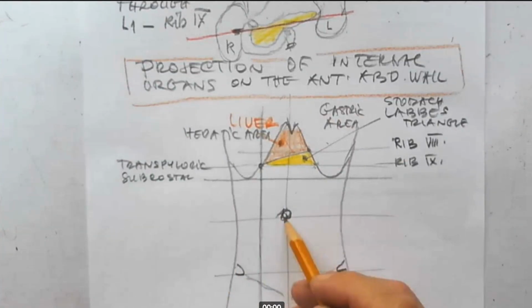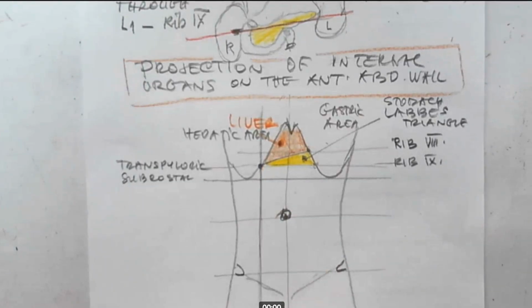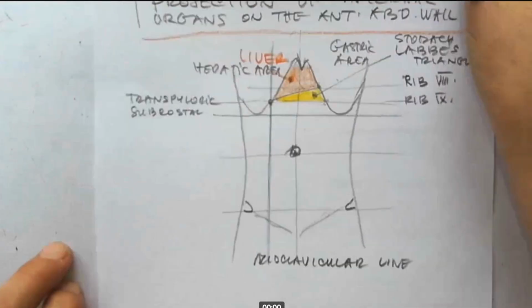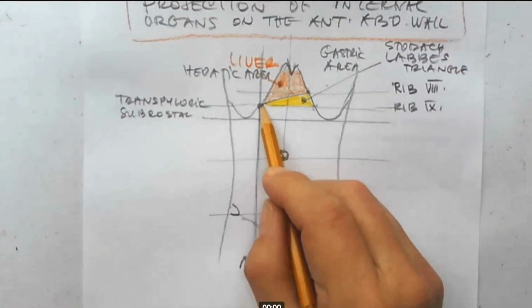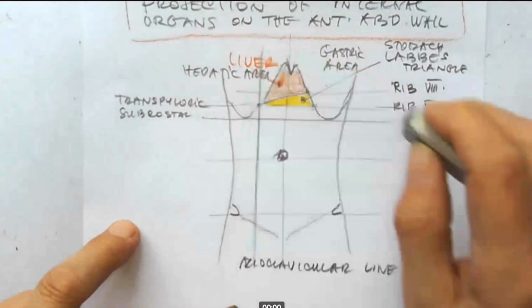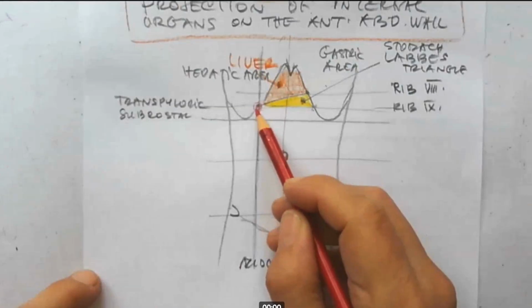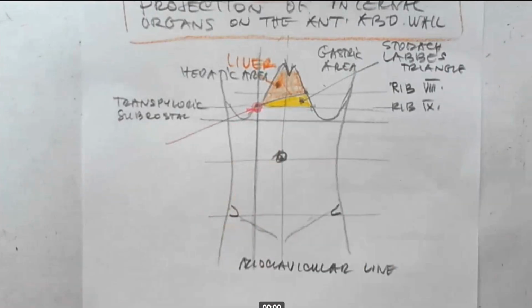What else? Concerning the mid-clavicular line, of course, it must be mentioned. The point where the line meets the cartilage of rib number 9 is the point. I would use red. Better would be to use light red. This is the point. Do we have place? Yes. So the same color.